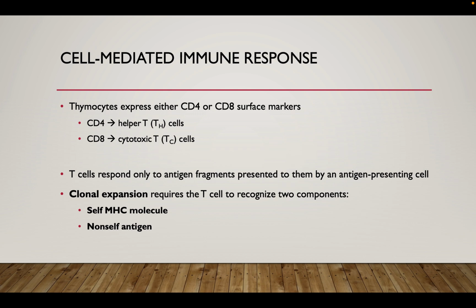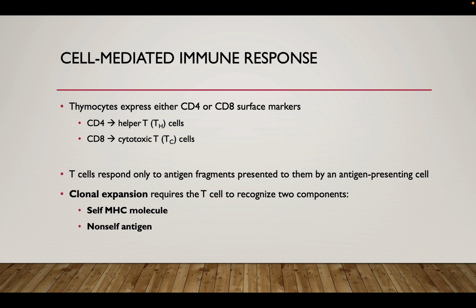Helper T cells are responsible for activating other cells, and cytotoxic refers to something that is toxic to the cell. These are the ones that actually act to destroy foreign or cancerous cells. Now, these T cells, unlike B cells, are only able to recognize antigens that are processed and fragmented and then presented on the surface of an antigen-presenting cell.